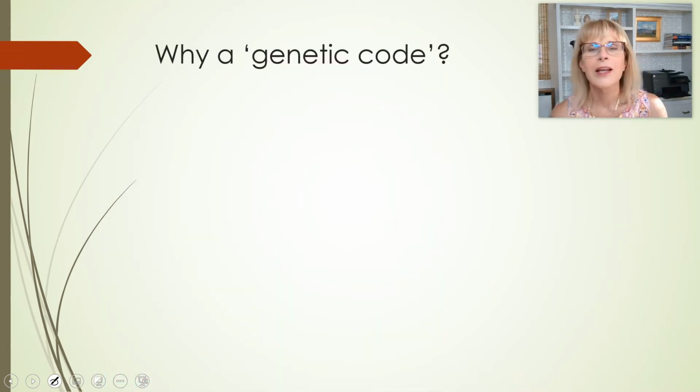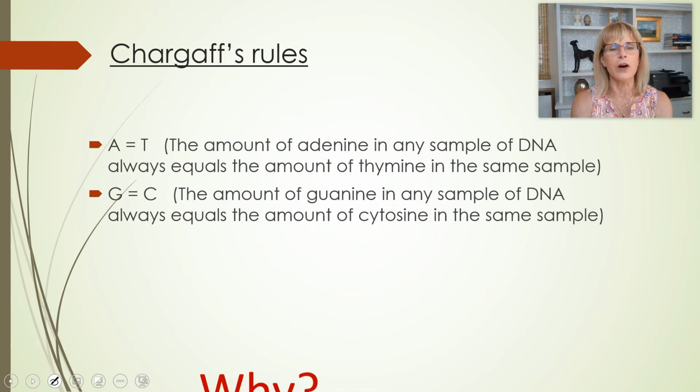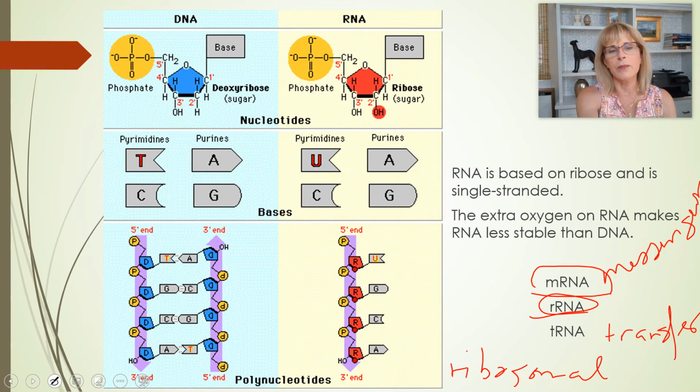All righty. Now, why is there a genetic code? Well, let's review what we've learned so far. What we've learned so far is that DNA is made out of G, A, T, and C. We won't mention RNA for a moment. And yet, I've told you a few times now that this stuff called DNA holds the instructions for how to make all of your proteins.